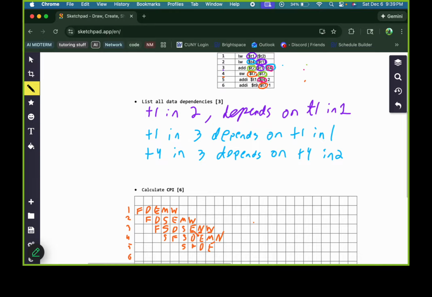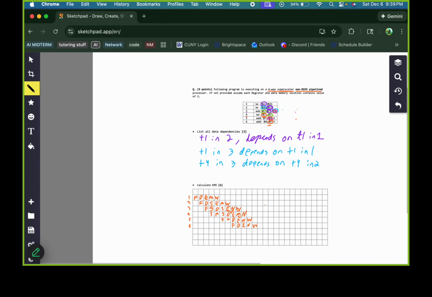Now we have fetch, decode, exec, and no-ops write back. This one's just going to be a repeat of that, except we have a data dependency, T7 with T7. T7 was in 4, but that finished over here, so I don't have to worry about that. Fetch, decode, exec, no-ops write back.